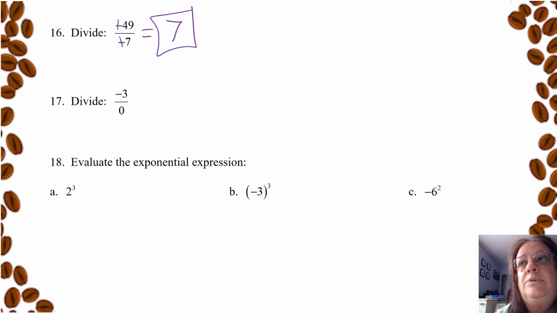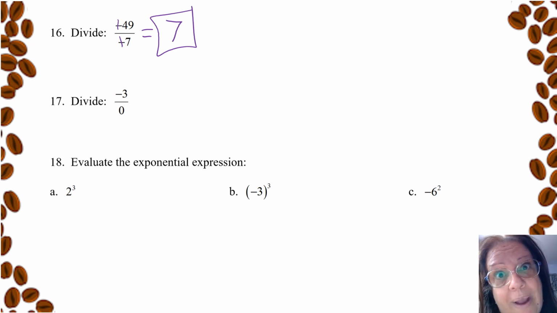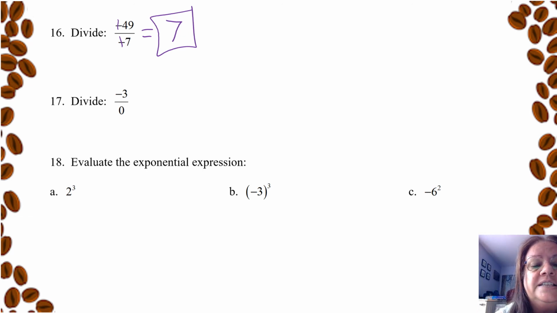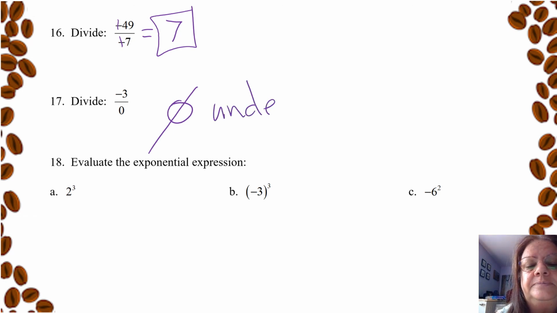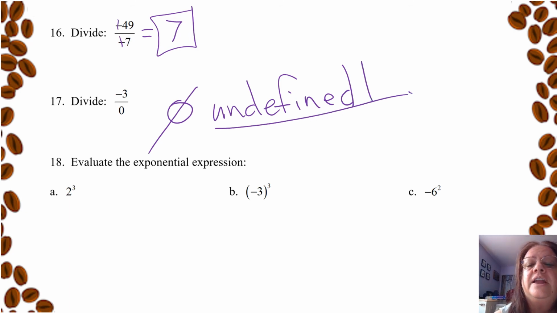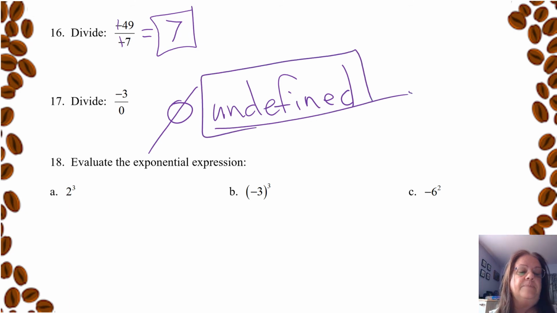All right, divide by 0. I have -3 0ths. That sounds very strange, very weird. So you don't want to do 0ths. There's no such thing. So this is, or you can say undefined. Either answer would work.